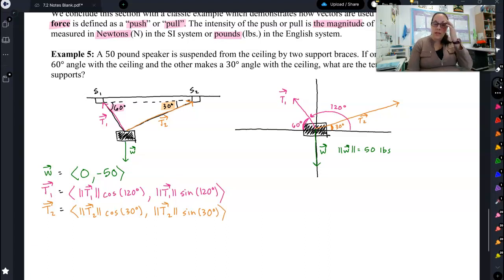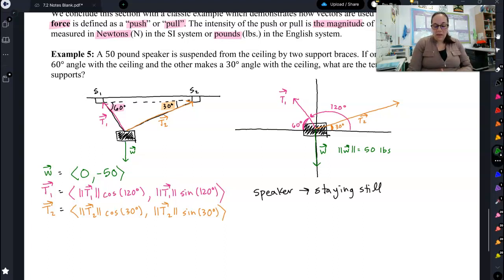Now, here's the key to this problem. This speaker is standing still. It is not swinging, it is not swaying, it is not doing anything, it's staying still.